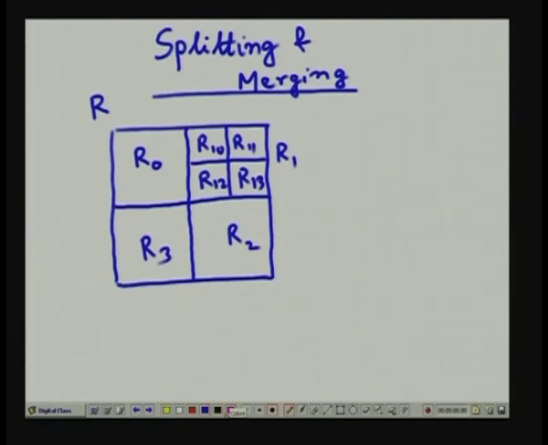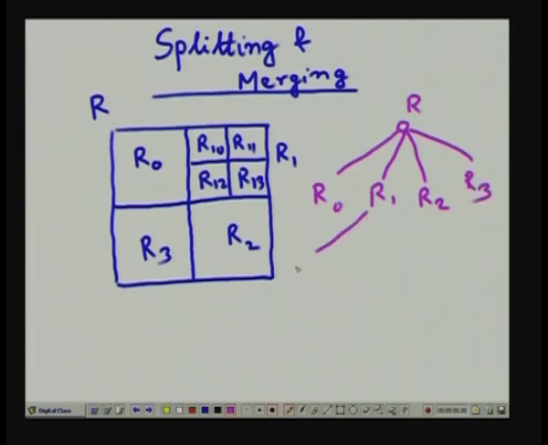In the quad tree representation, if the root node is R, my initial partition gives me 4 nodes R 0, R 1, R 2 and R 3. Then R 1 I am partitioning again into R 1 0, R 1 1, R 1 2 and R 1 3.